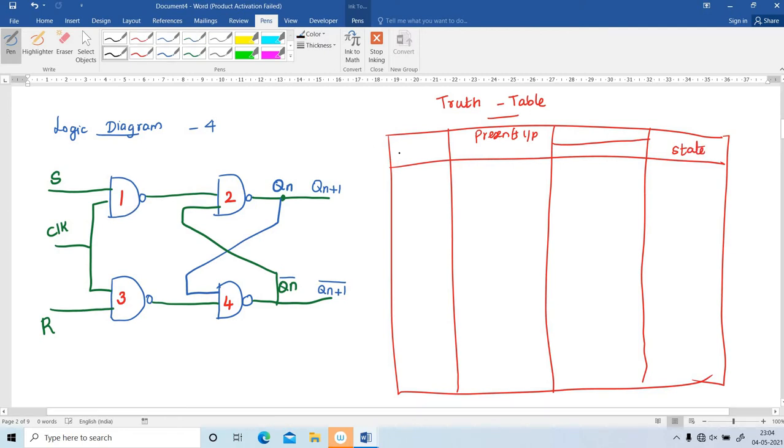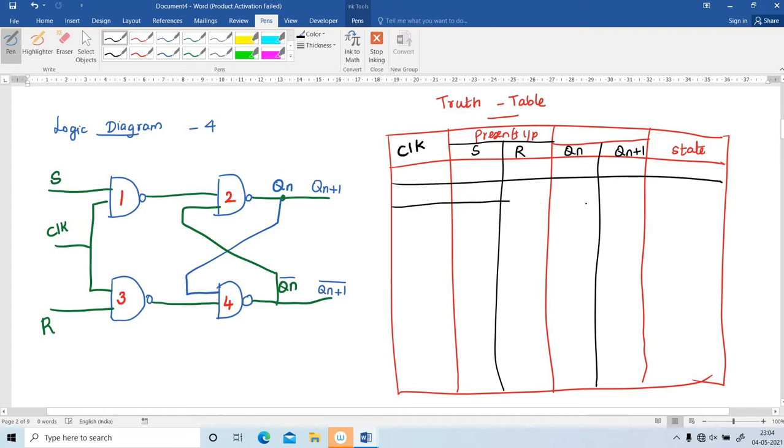So first clock, next present input. The present inputs are S and R. Present state and next state are Qn and Qn plus 1. This is the state.